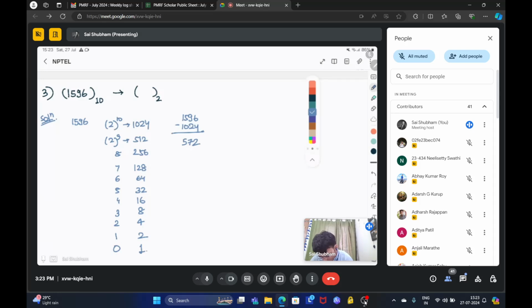So you first subtract the highest power of 2 from the number. You can easily subtract 1024. Next you have 572. So you can subtract 512 from it.